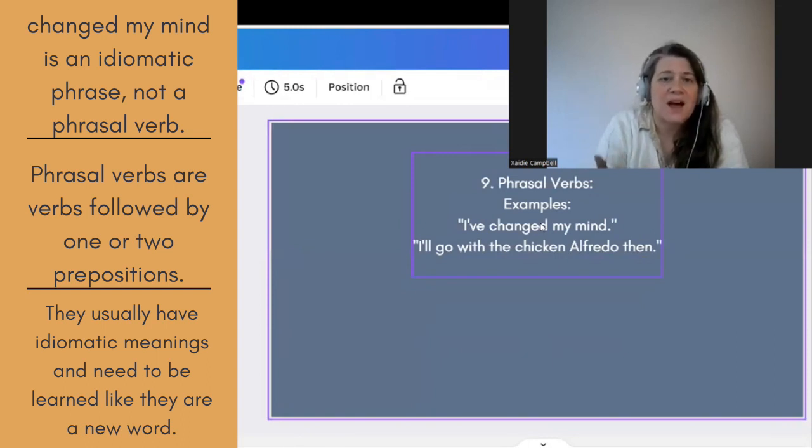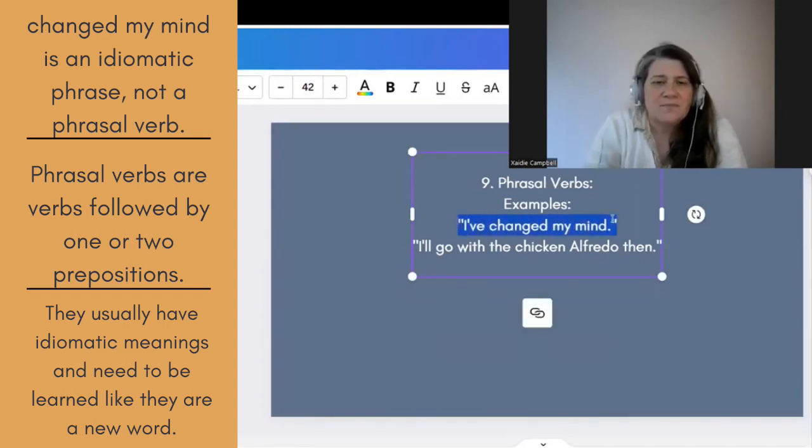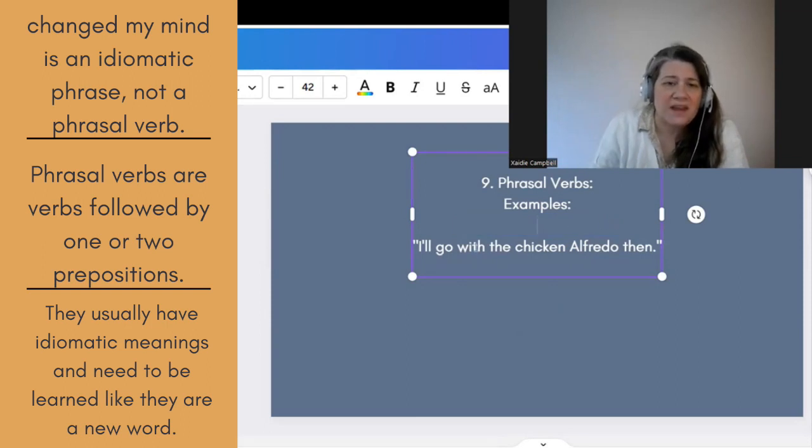I've changed my mind, to change your mind, I don't think it's really a phrasal verb. I think it's an idiomatic expression. If you change it up, it's a phrasal verb. But to go with, because with is a preposition, go with now becomes a new verb and it means to try.